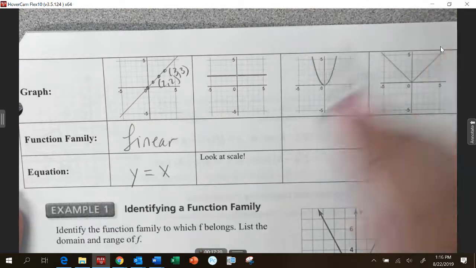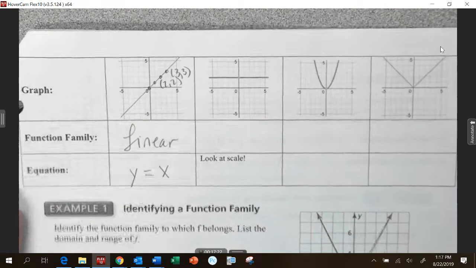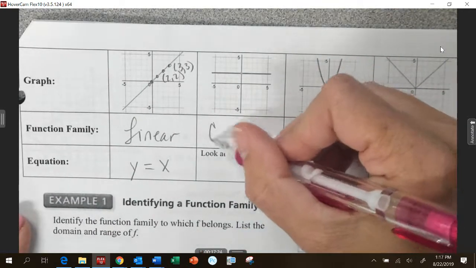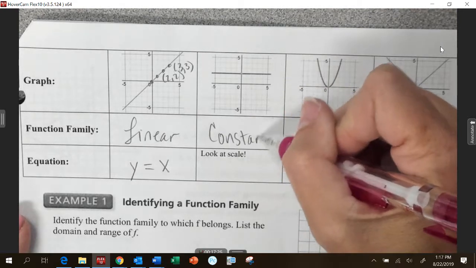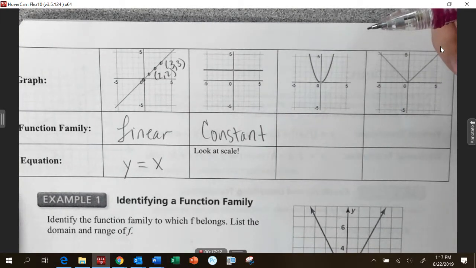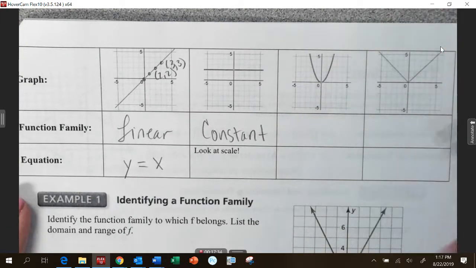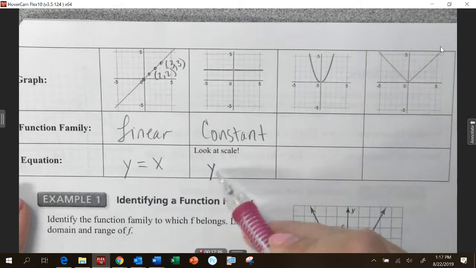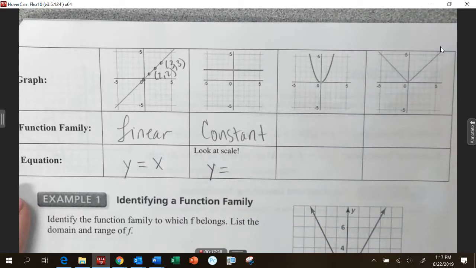All right, next one. Which family does this one belong to? Constant family. And then we have to write an equation for that one, and it says look at the scale. Careful. What's the equation for this one?